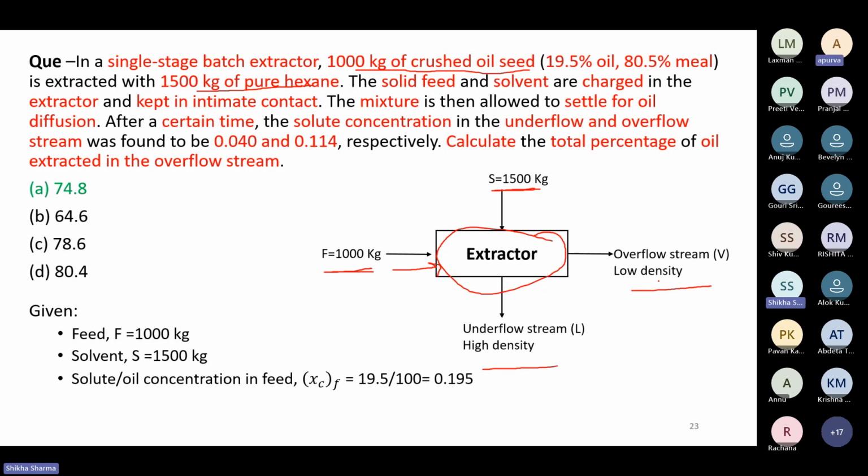We are taking its amount as V, and the underflow stream amount we are supposing as L, which is of high density. So in the feed, which is the crushed oil seeds, the oil concentration in the feed is 19.5%, which is 19.5 divided by 100, that is 0.195, right?